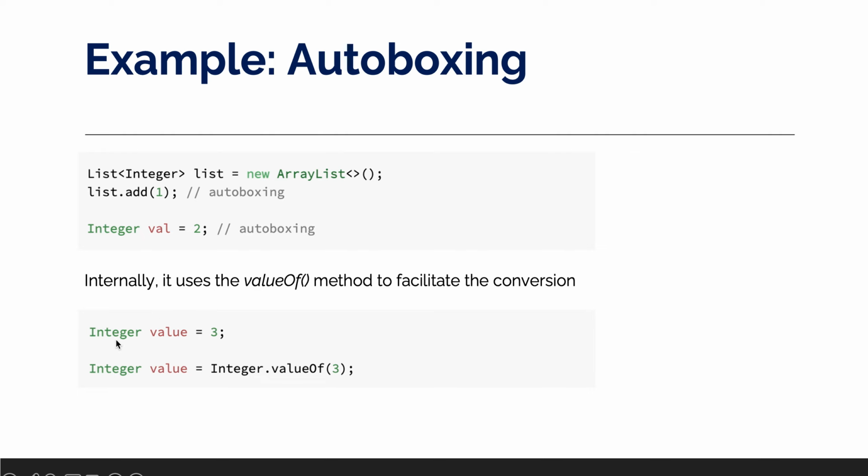Let's say we have a wrapper class Integer, we are trying to provide the primitive data type, so it will automatically do the conversion from primitive to wrapper class. And how will it do it? Basically internally it will call some method provided by the wrapper classes. This method is available in all kinds of wrapper classes. For Integer, it is Integer.valueOf, and then the same primitive value will be assigned here, and it will convert it into the wrapper class. Similarly this goes for all the other data types also.